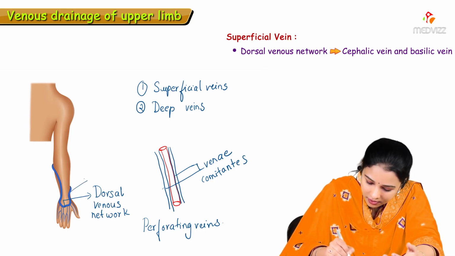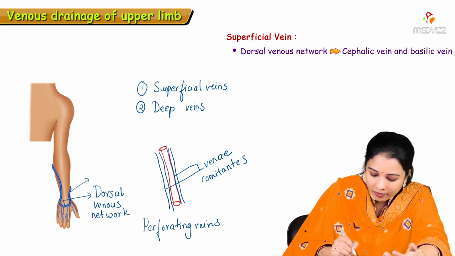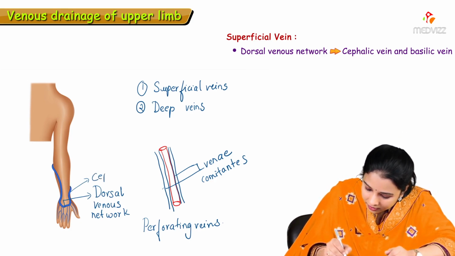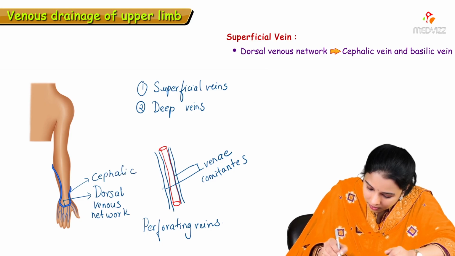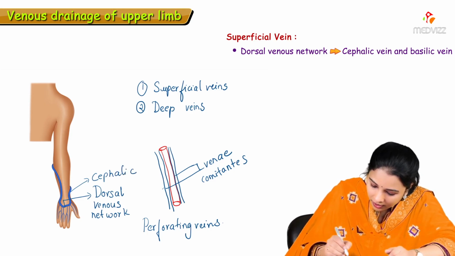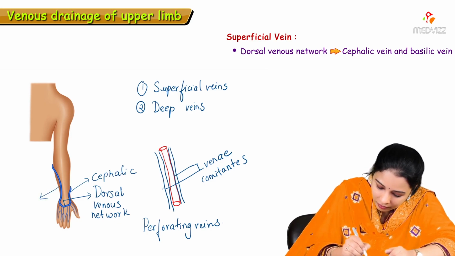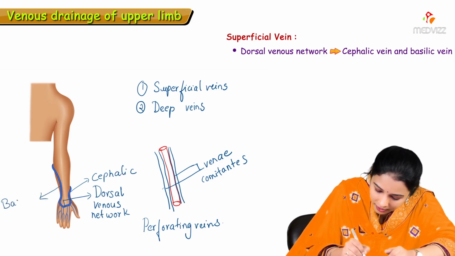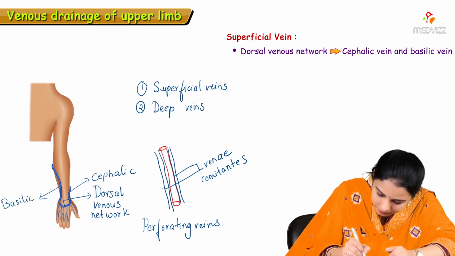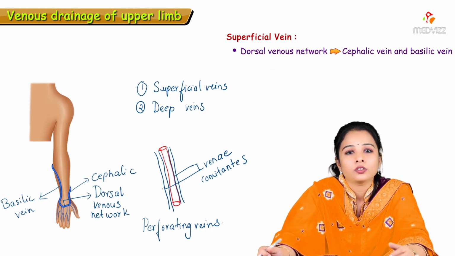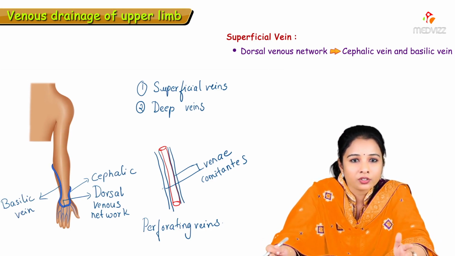The lateral vein, which is in line with the thumb, is the cephalic. It begins on the lateral side, and on the medial side, in line with the little finger, is the basilic vein. So the dorsal venous arch gives rise to the cephalic vein and the basilic vein.